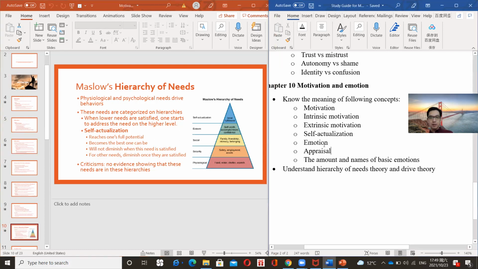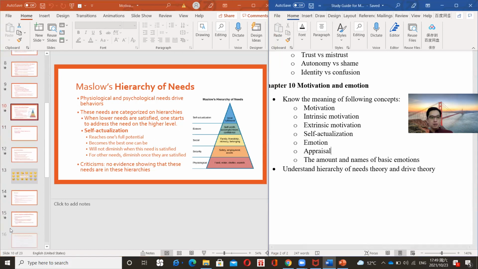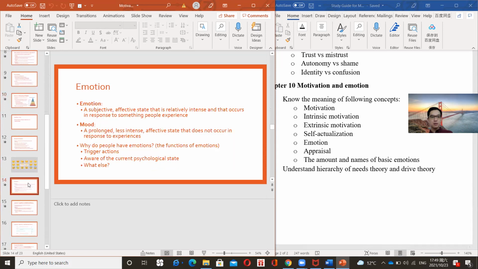And another concept is emotion. Emotion is a state, some people's affective state, and that state is subjective because people have the subjective feelings when people have emotions. And that emotion is relatively intense, it's very strong.